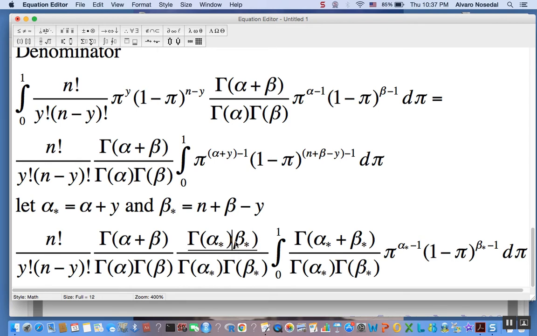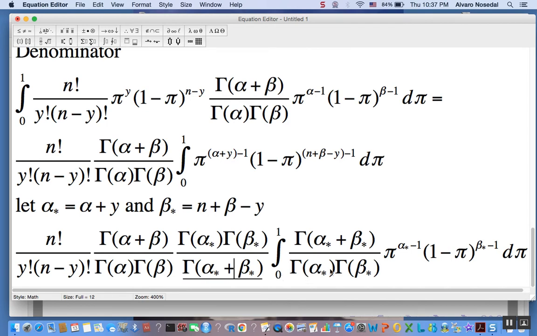Okay, so here we are going to have the reciprocal of that quantity that we needed to make this guy here the PDF of a beta.